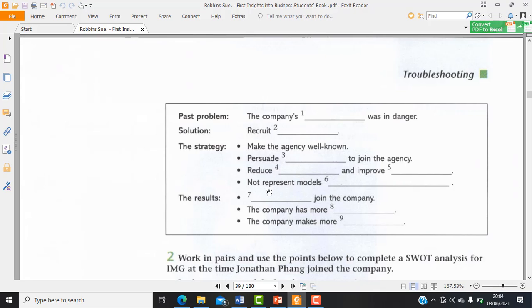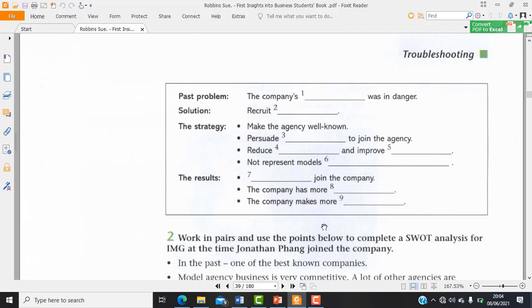And yang terakhir, not represent models who aren't making money, yang tidak menghasilkan uang, tidak mewakili model-model yang tidak menghasilkan uang. Oke, resultnya apa nih guys? Di sini, excellent models join the company, and the company has more clients, and the company makes more profit. Dan perusahaan itu menghasilkan lebih banyak profit.